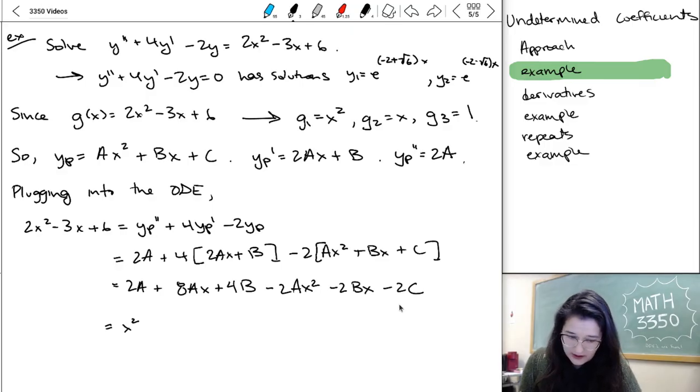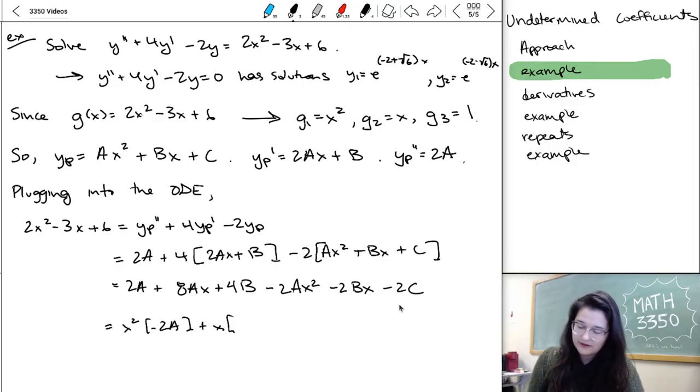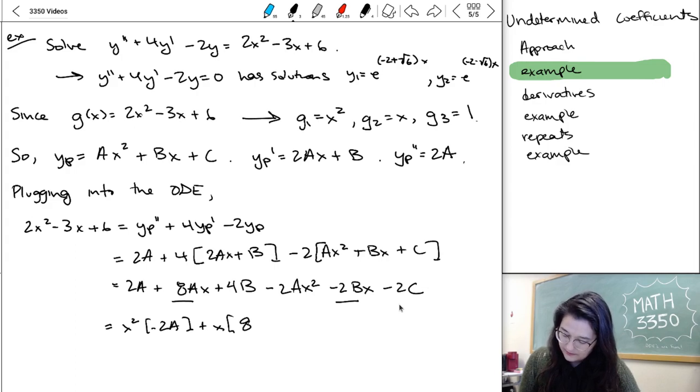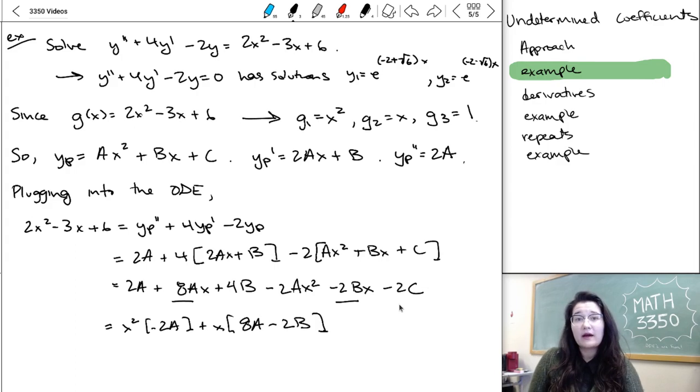So x squared is multiplied by minus 2a, and x, it's only that one term, so there's nothing to group with. For x, I've got that 2a, no, 2a is by itself. I've got that 8a and that minus 2b. Both of those are multiplied by x, so I go ahead and group them there.